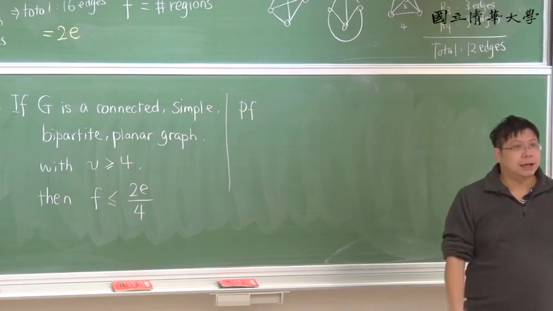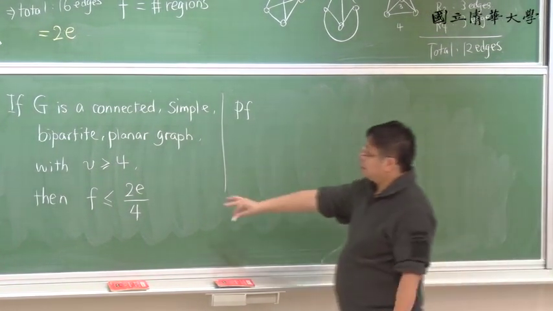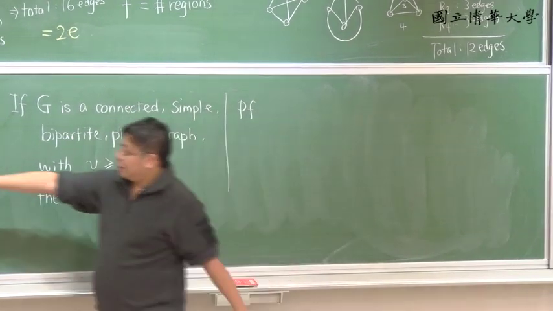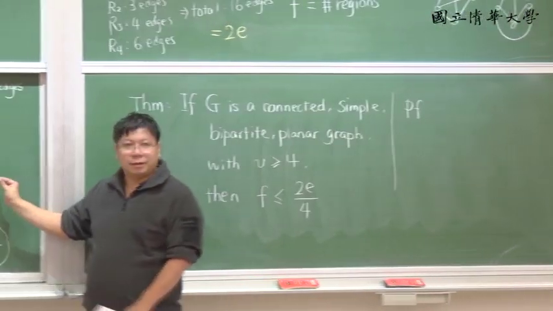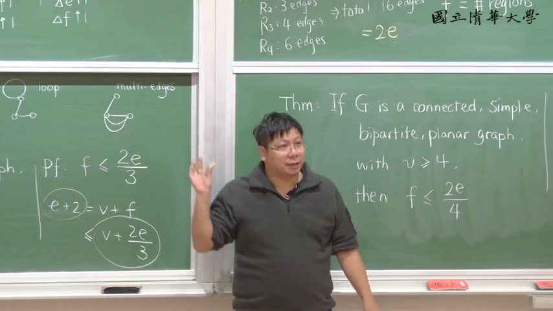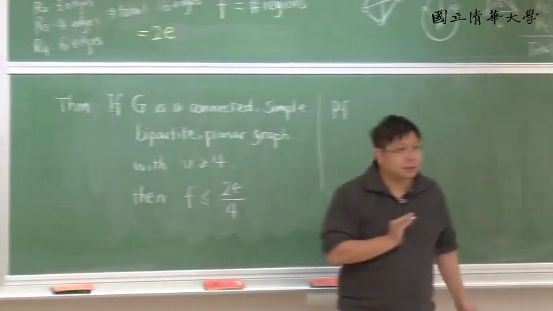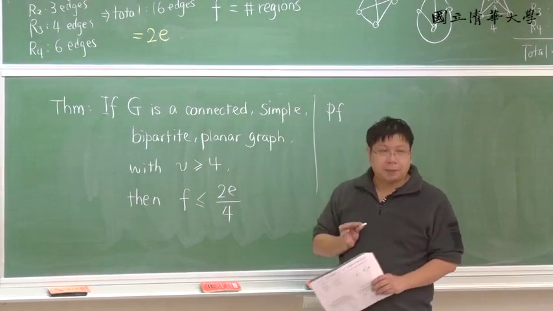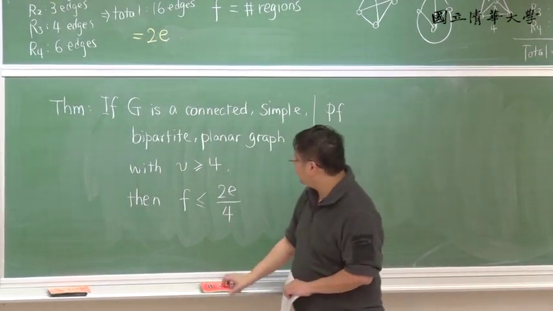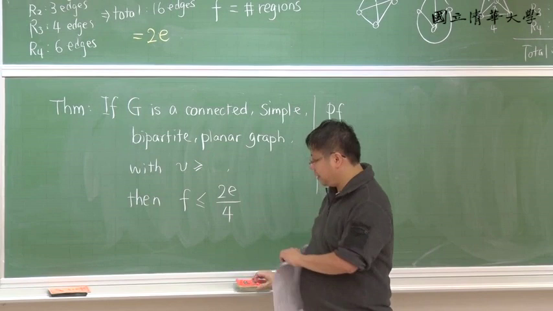Does that make sense? Previously we just had a simple graph. We didn't have a bipartite condition. But now, let's say the graph is bipartite. If the graph is bipartite, you don't need 4. We just need to have 3.